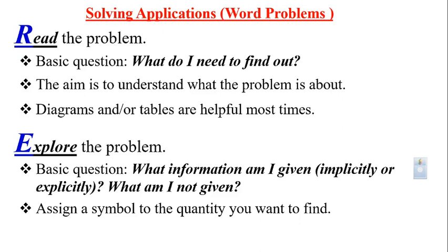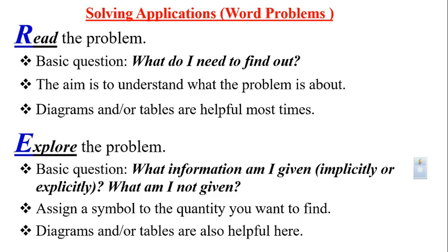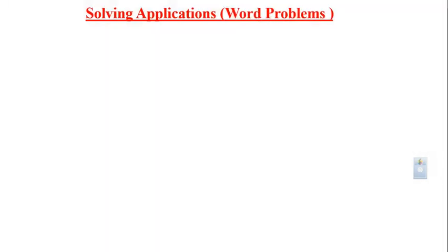So what you want to do is assign symbols to certain quantities, in particular the quantity that you need to find out. That way, once you find the quantity, you've found the solution. You may have to make a few adjustments to this approach, but generally it works. And again, diagrams, tables, charts will definitely help in this regard.